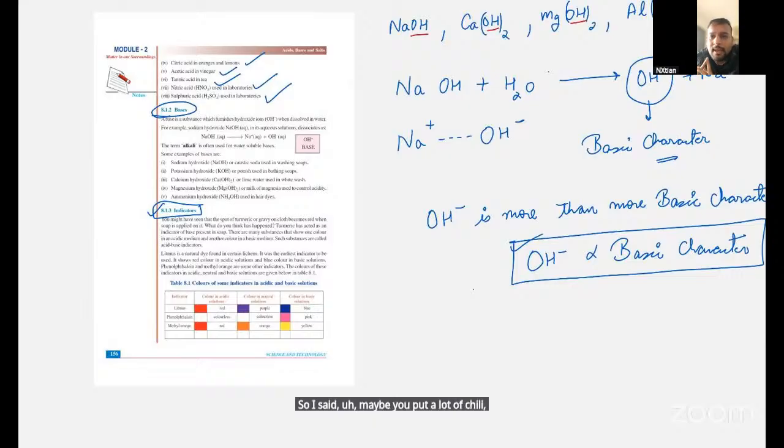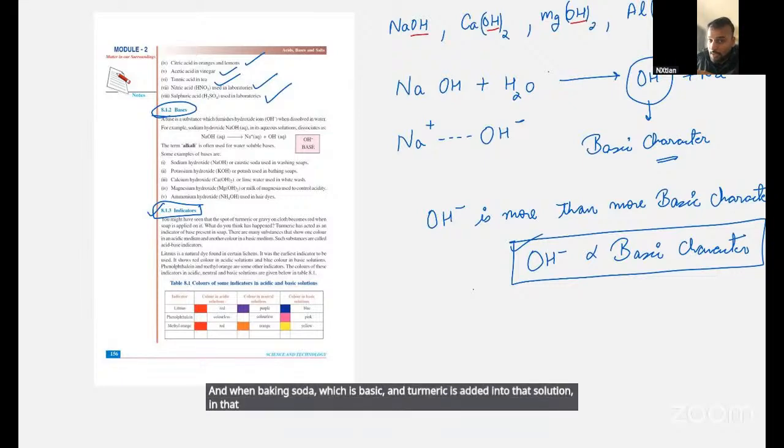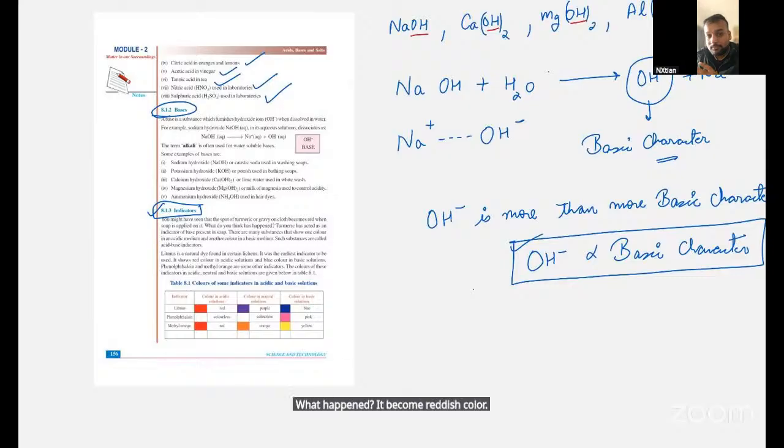But no, because baking soda is basic in nature, and turmeric is an indicator. When baking soda, which is basic, and turmeric were added into that dish, it became reddish orange. When we ate it, it was very, very bitter, and we were not able to eat it. We had to give it to the cow.